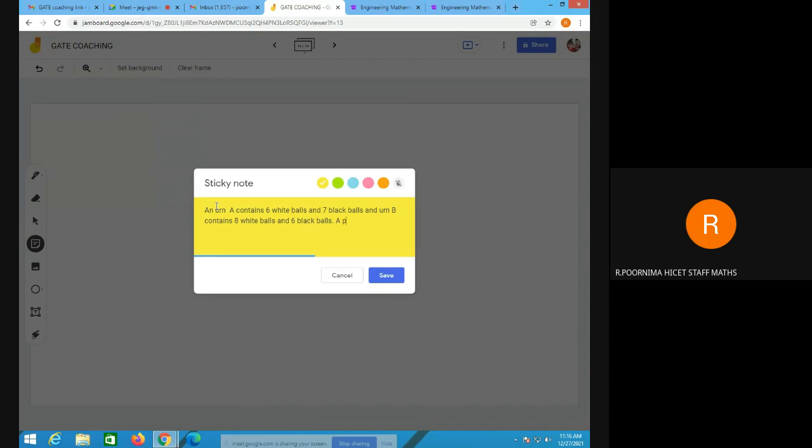A person draws a ball at random from one of the two urns. It turns out to be black.